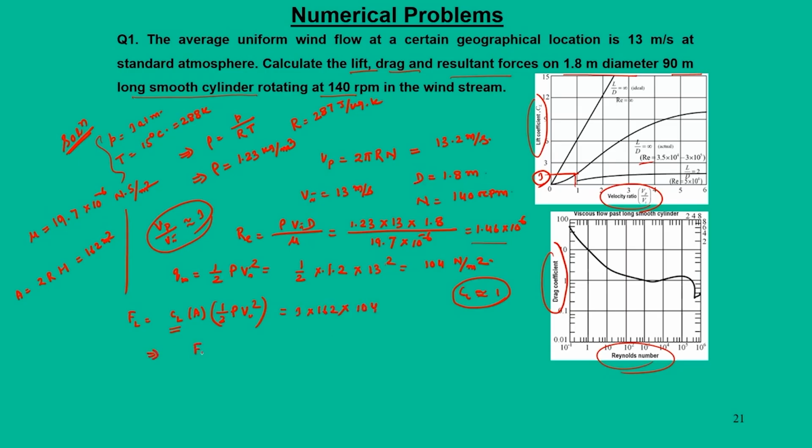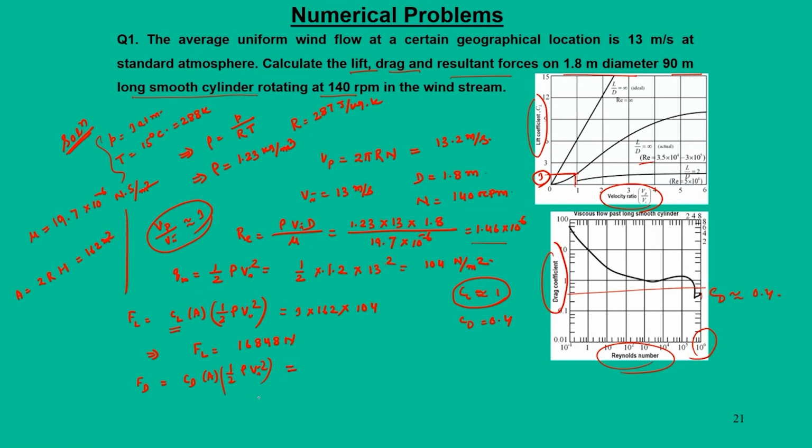So, FL stands as 16848 Newton, and the drag force FD is CD times A times half rho Vi square. Now, for Reynolds number in the range of 10 to the power 6, if you go and take this particular graph, the CD is close to let us say 0.4. So, we can say CD is equal to 0.4.